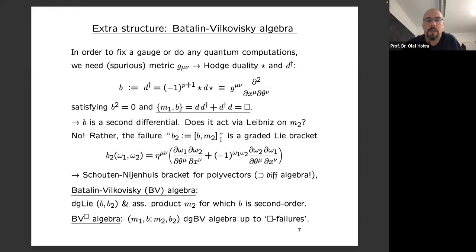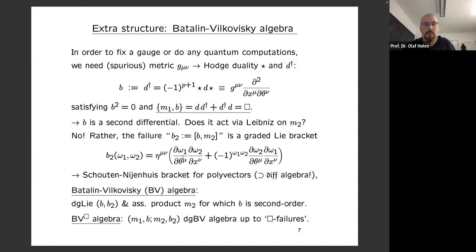And now it turns out that this is actually a graded Lie bracket. And using this formulation with the thetas, etc., you can quickly see why it's not zero and what it is. In fact, it's not zero because this is a second order differential operator. It's a second derivative. So if you take the second derivative of a product of two functions, you get these mixed terms, which you see here.